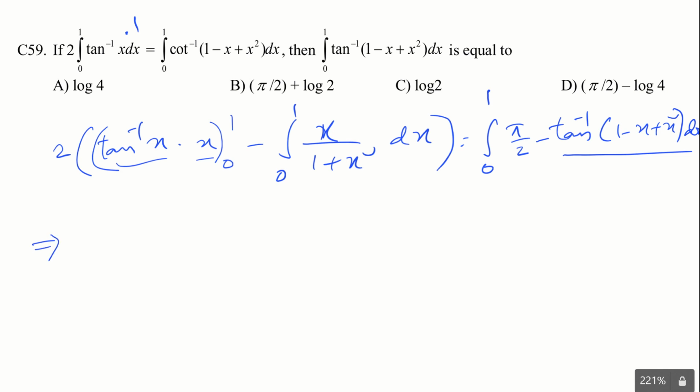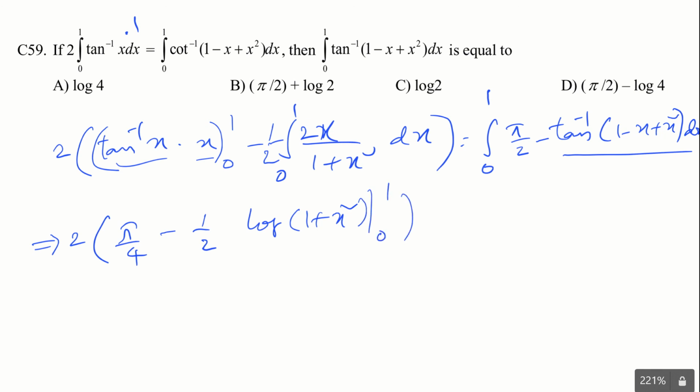So from this we are getting 2 into applying the limits, upper limit it is pi by 4, lower limit it is 0. Here you can see that I almost have the derivative of the denominator there. I adjust the constant, so it is minus 1 by 2 into log of 1 plus x square. Again limits are from 0 to 1 is equal to this part integral pi by 2 minus the second part.